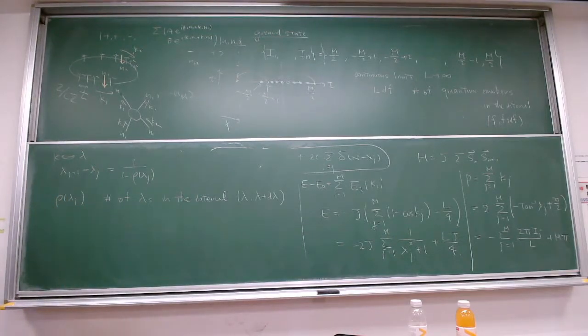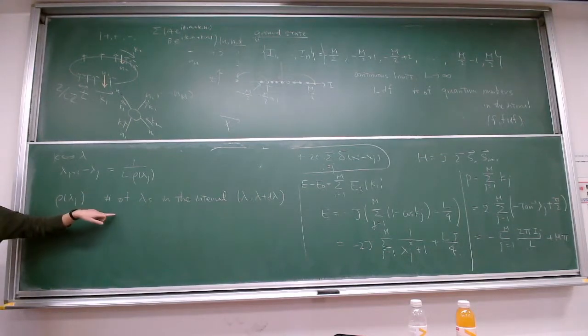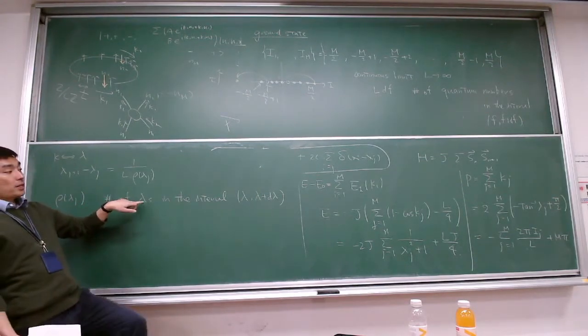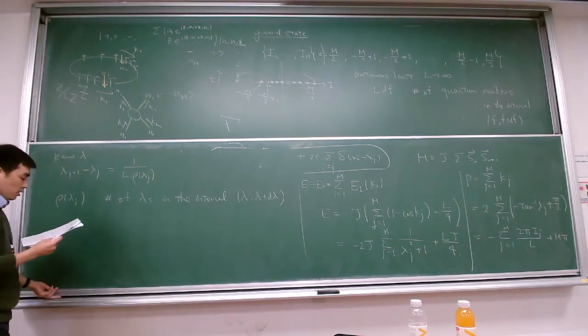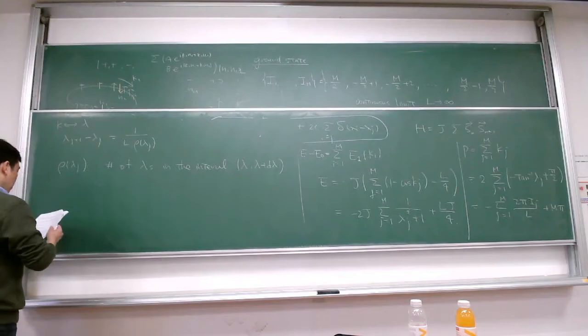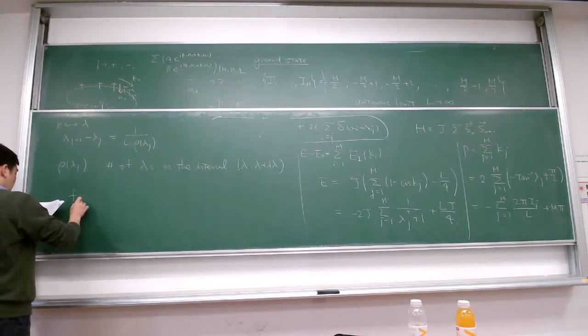So in some sense, it is the density of momentum. Rho of lambda is the density of momentum between lambda and lambda plus d lambda. So what we can write down is f of lambda.